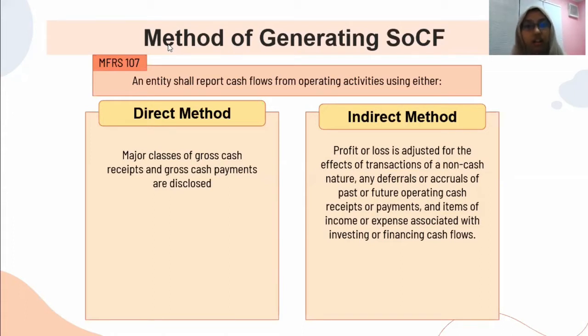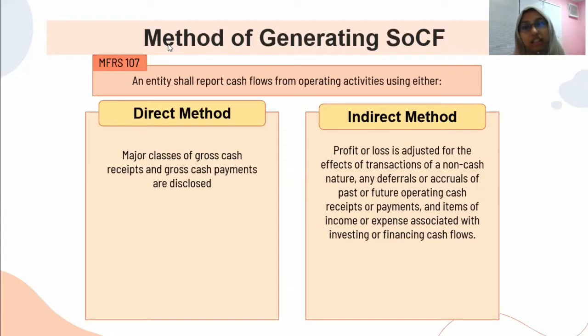Next, for the indirect method, profit or loss is adjusted for the effect of transactions of a non-cash nature, any deferral or accrual of past or future operating cash receipts or payments, and items of income or expense associated with investing or financing cash flows.